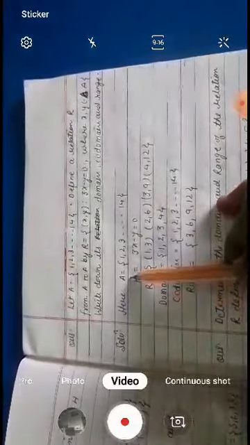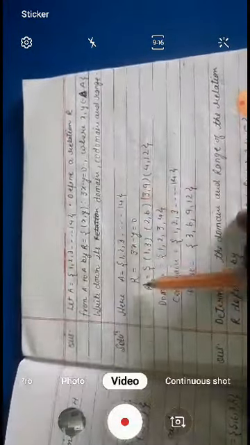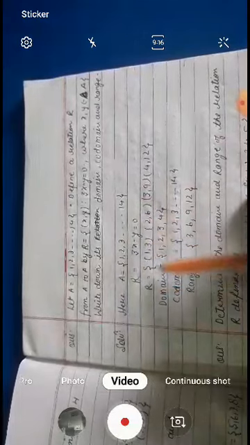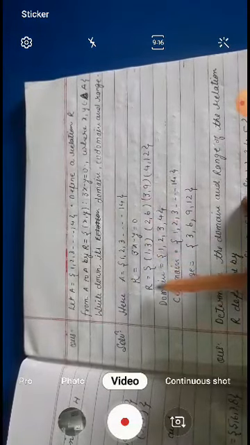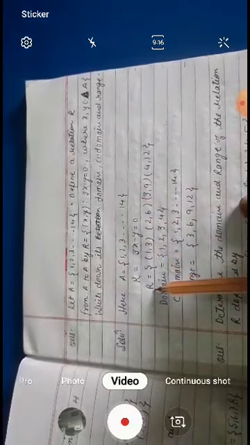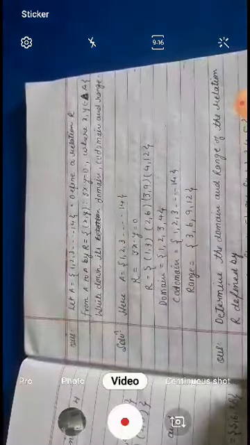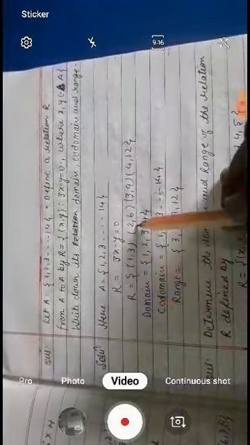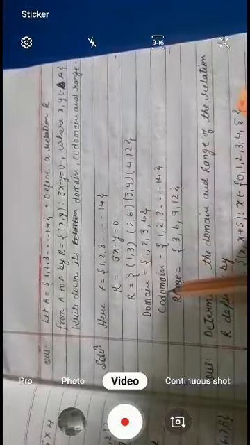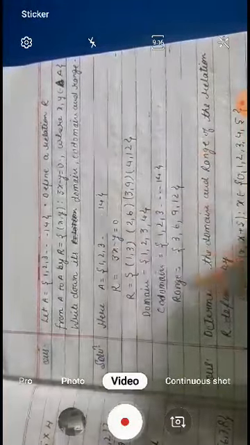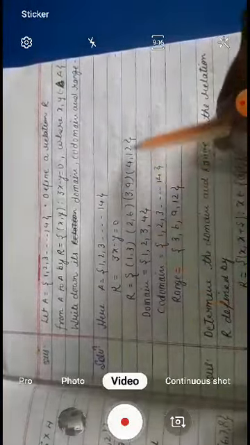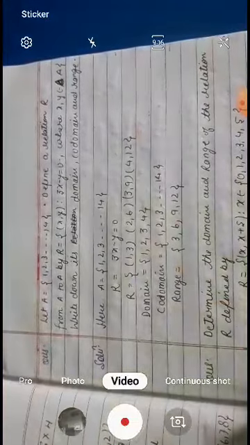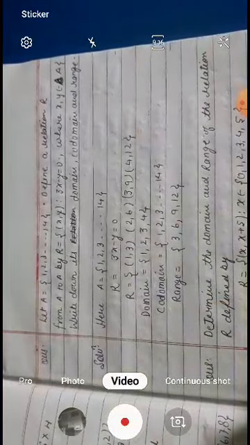Here the value of A is given, the relation is 3x - y = 0, so the relation is (1,3), (2,6), (3,9) and (4,12). The domain is 1, 2, 3, 4. The codomain is all the values of A, and the range is 3, 6, 9, 12. Okay.